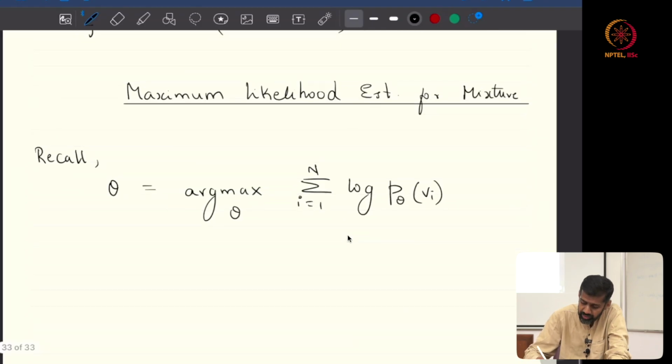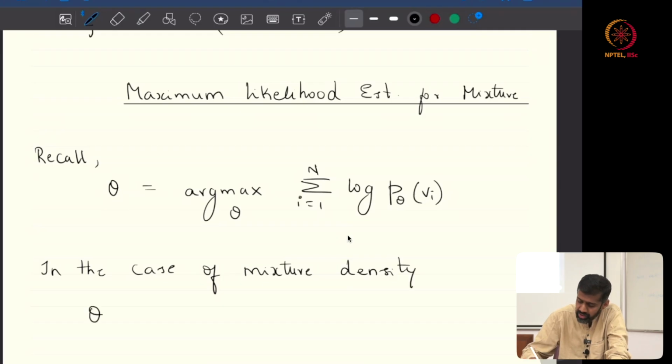In the case of a mixture density, specifically for the Gaussian mixtures, what are the parameters that we are considering? They are all the alphas, and we have M of them.